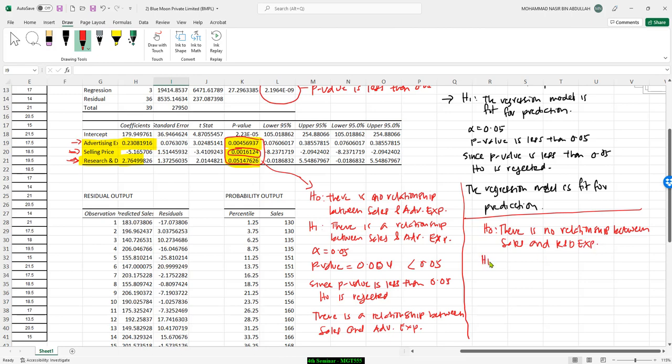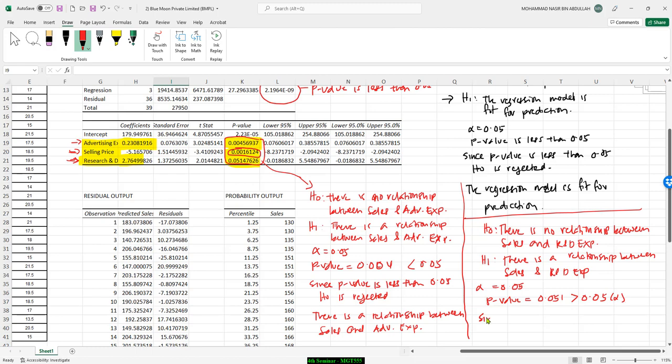Alternative hypothesis, there is a relationship between sales and R&D expenditure. So alpha is equal to 0.05. The p-value is 0.051, which is more than 0.05, which is our alpha here.